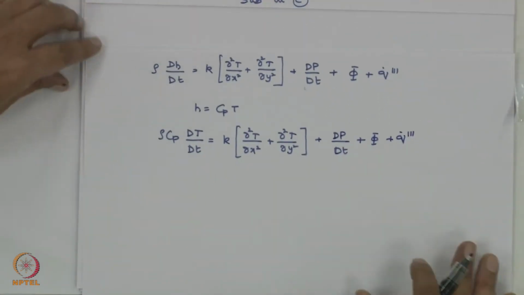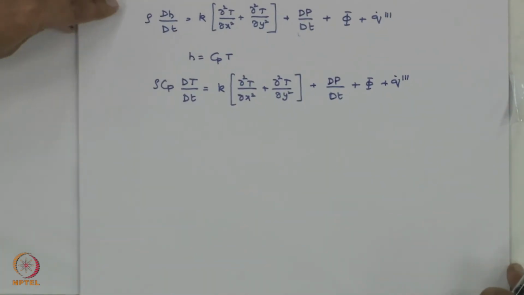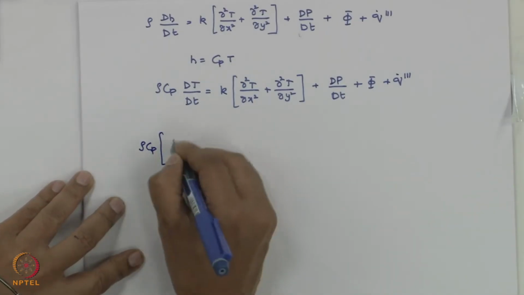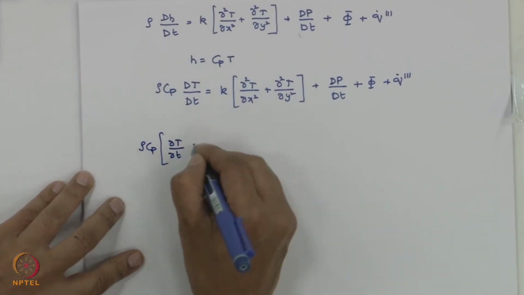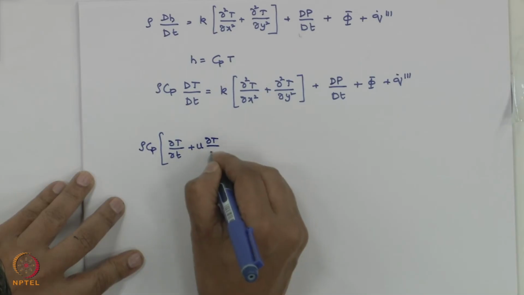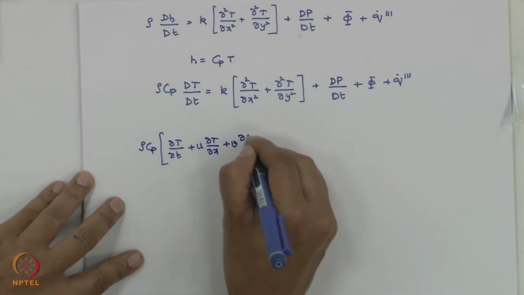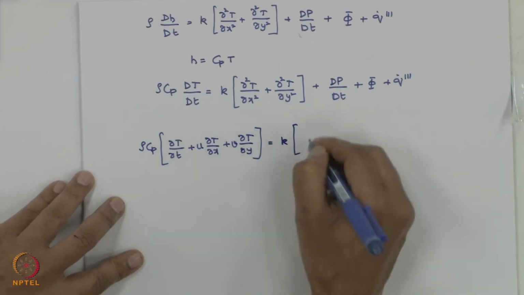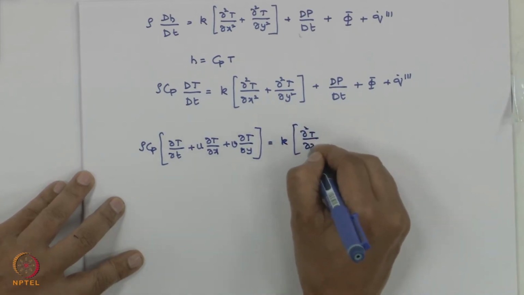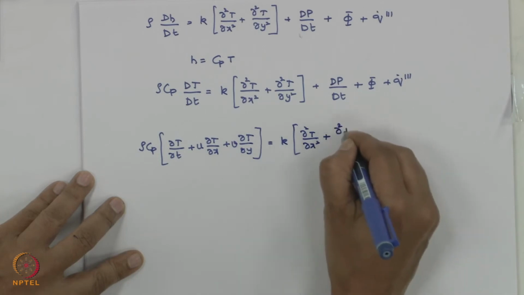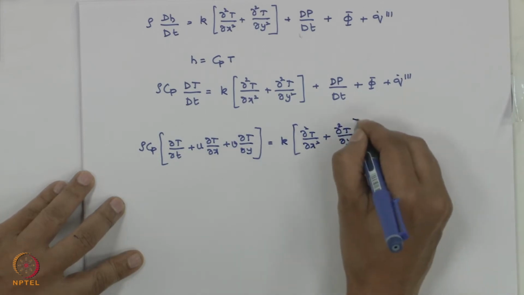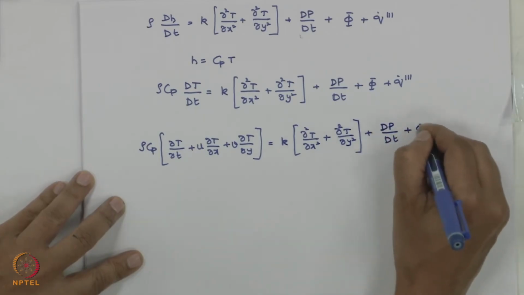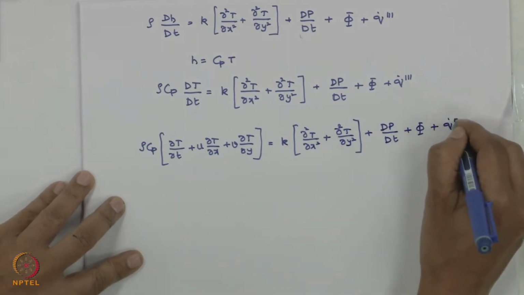Let me write this expanded version of dT by dt: rho Cp times del T by del t plus u del T by del x plus v del T by del y equals k times del squared T by del x squared plus del squared T by del y squared, plus dP by dt plus phi plus q dot triple prime.